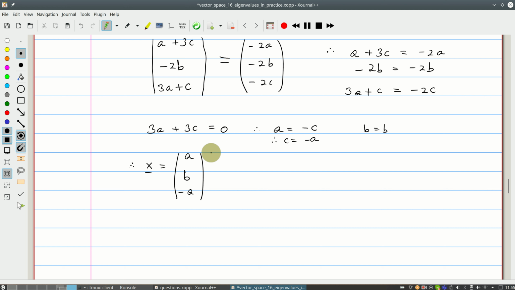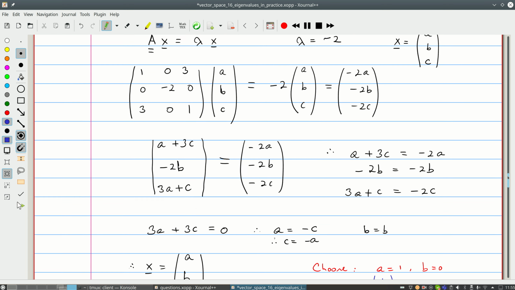So I'm going to put this as possibility 1. We just choose things. I could choose a is equal to 1 and b is equal to 0. What does that give me? That gives me x is equal to, now we haven't normalized x, we'll do that afterwards. x would be equal to 1, 0, minus 1.